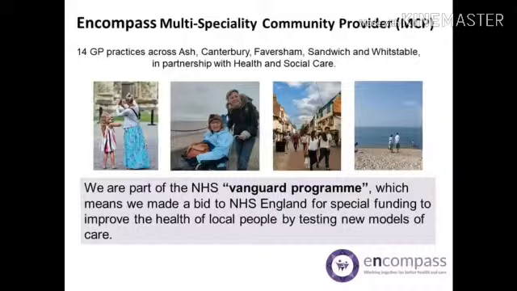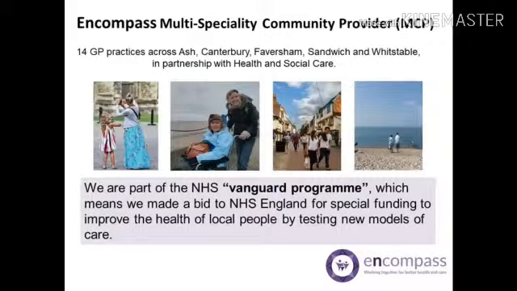So this was really just trying a different way of working. Everyone knows the pressure we're under with the GP practices not able to always recruit to their full workforce complement, the growing pressures on the system, the older population living longer with more comorbidity. So we just came together, 14 GP practices across Canterbury.